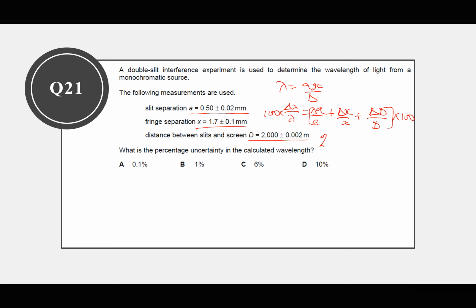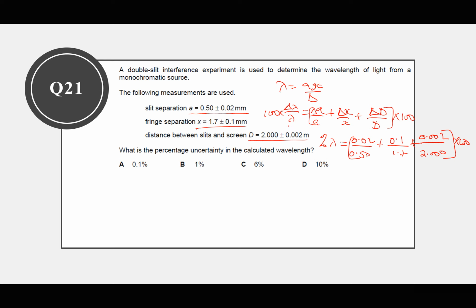So the percentage uncertainty in wavelength is equal to, for A, 0.02 divided by 0.50 plus, for X, 0.1 divided by 1.7 plus, for D, 0.002 divided by 2.000. So I will simply multiply this by 100.